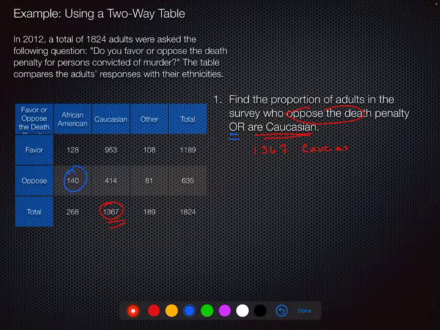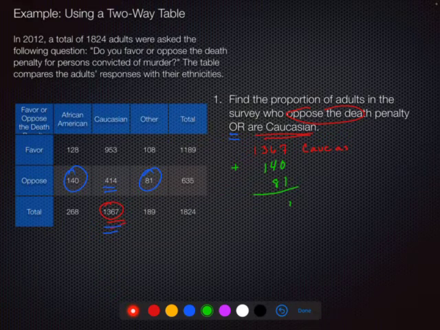We have 140 African Americans and 81 other. We also had the 414, but the 414 is already included in that 1,367. So all we have to do now is add on the 140 for the African Americans who opposed it, and the 81 for the other groups that opposed it.